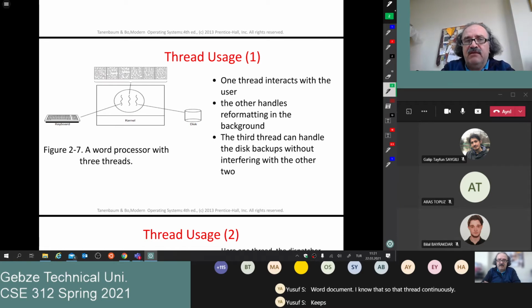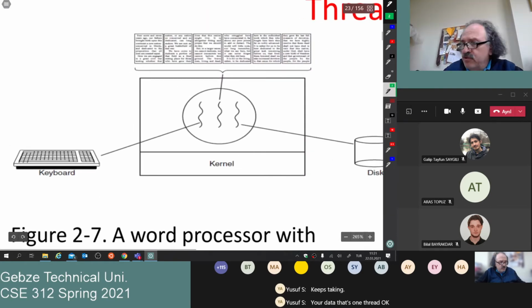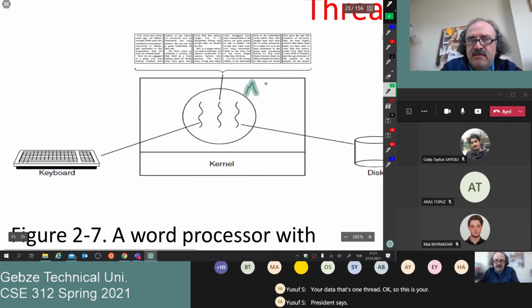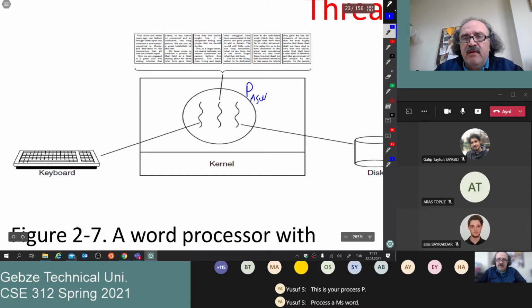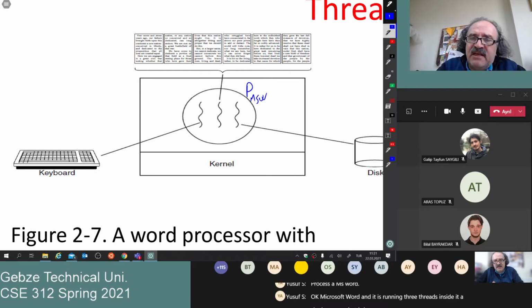That's one thread. So this is your process P, process MS Word, Microsoft Word, and it is running 3 threads inside it. A single process, but it is running 3 threads inside it.